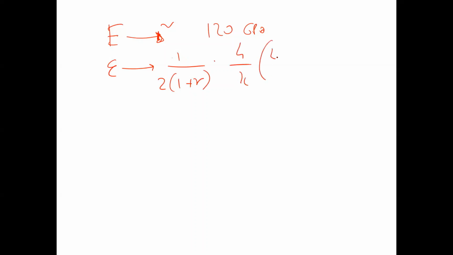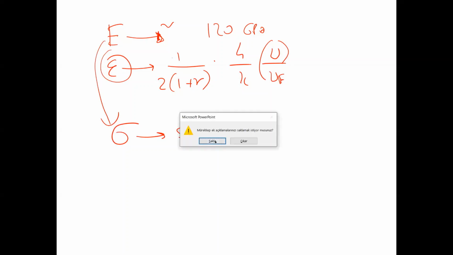If we know the modulus of elasticity, for copper, is about 120 gigapascal, and when we know the strain from this formula, then we can calculate this one, and finally we can calculate stress level of the sample. Any question?